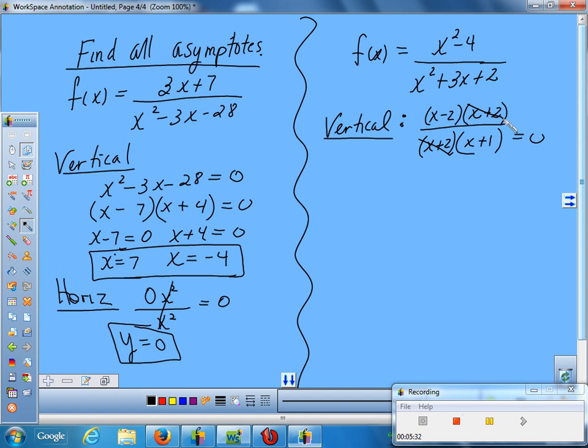Holes happen when your terms cancel, where the terms cancel, and you have to know where they equal 0. All we need to know is whether there's an asymptote or a hole.